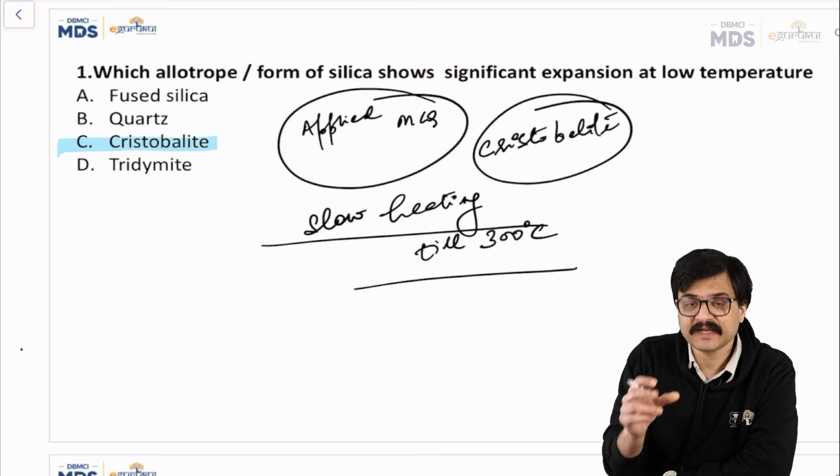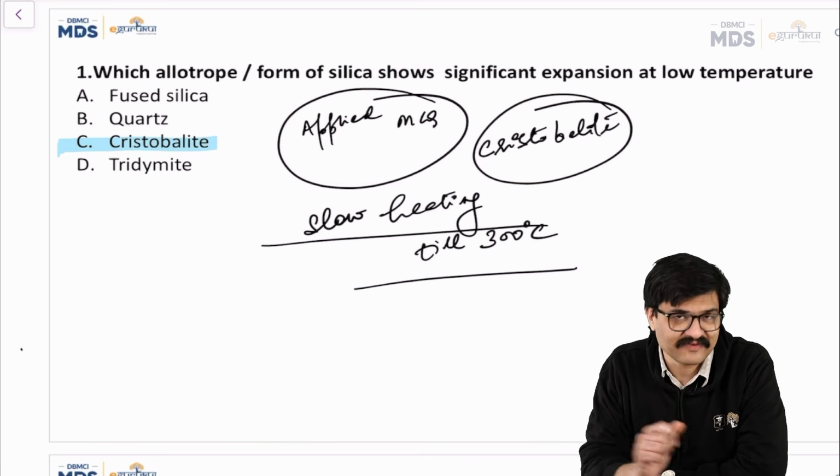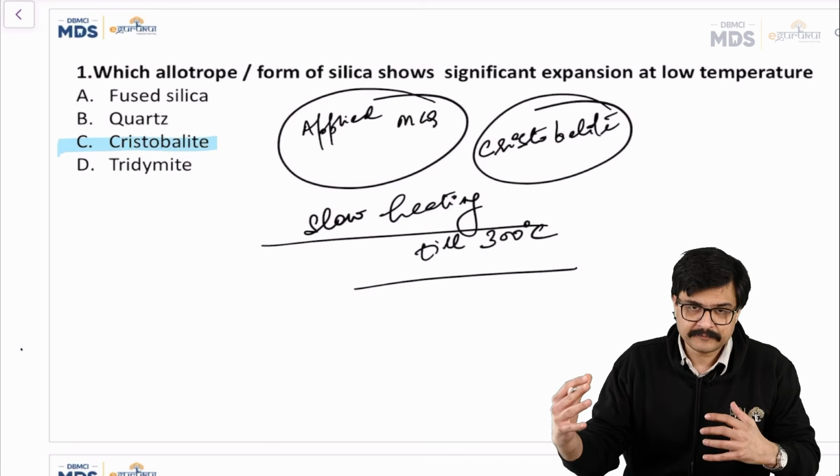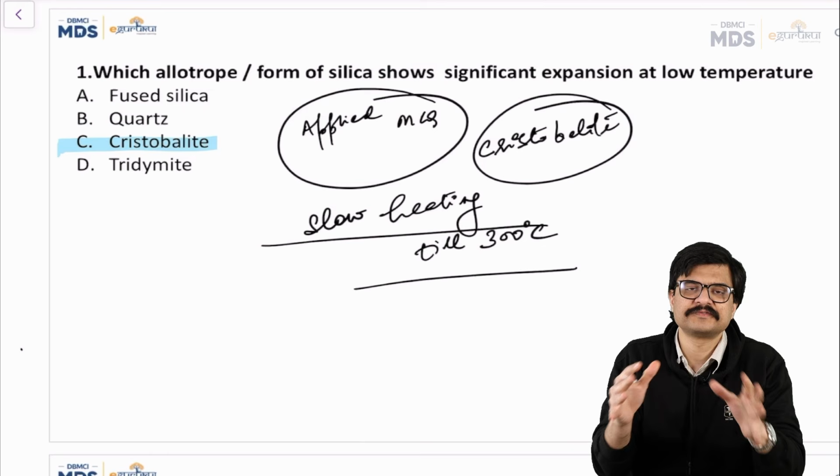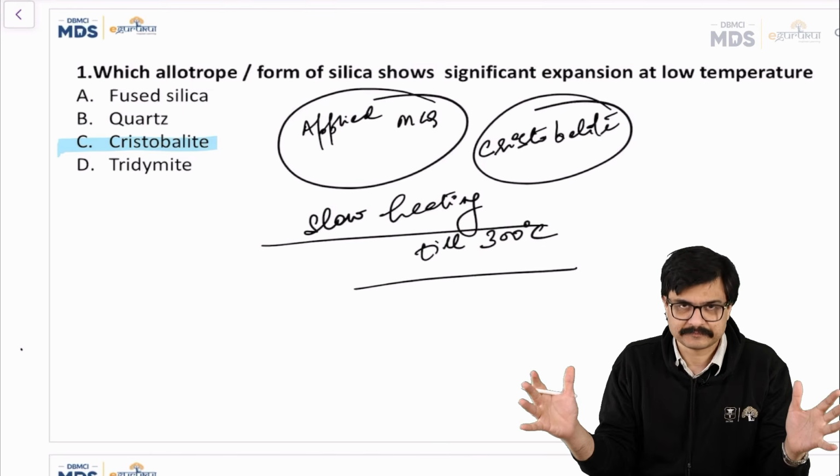Why? Because its inversion temperature is in the range of 200 to 275 degrees Celsius. If you do very fast heating, then a lot of stresses in the inner parts of the investment material are generated, which cracks the investment, right?